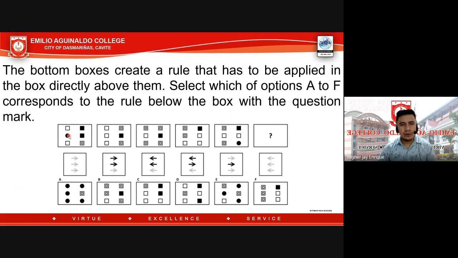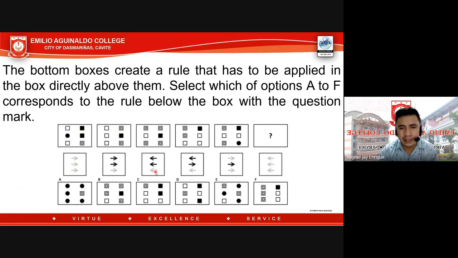Okay, if we're going to look back at this particular question, if you can see the gray arrow, it corresponds to the number of shaded portions in this image. So we have here three gray arrows. It also corresponds to three shaded regions. Here we have one, it corresponds to one shaded part.